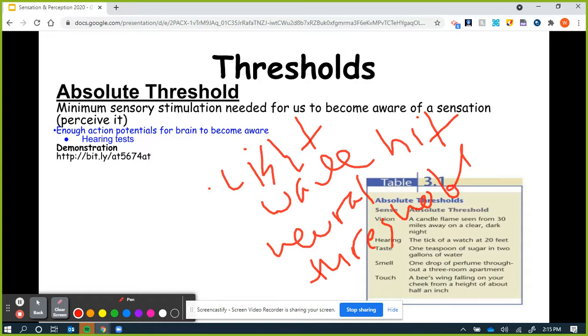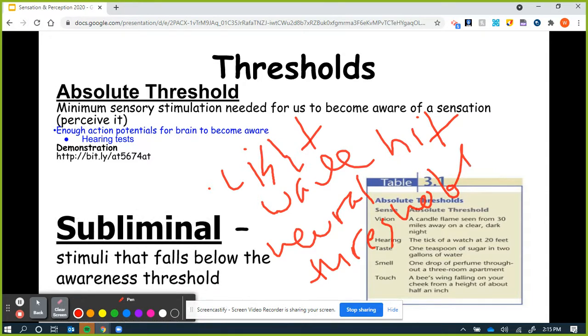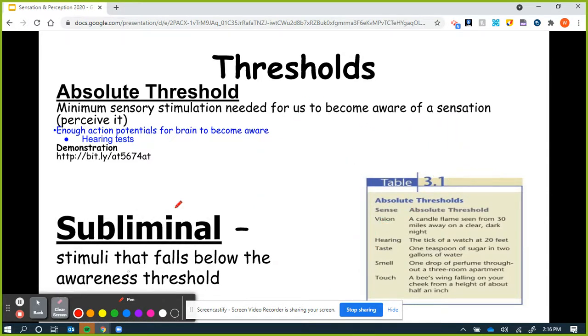Now, there is an idea that is not really provable, right? That things that fall below our absolute threshold, we're not consciously aware of them, but they influence us in unconscious ways. When something falls below the awareness threshold, it is called subliminal.